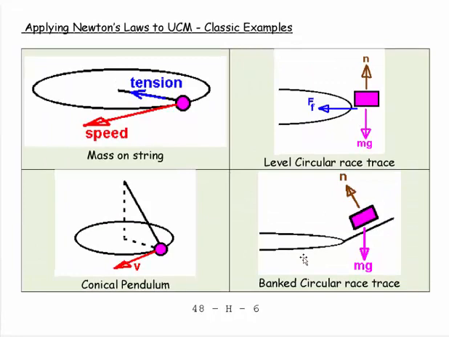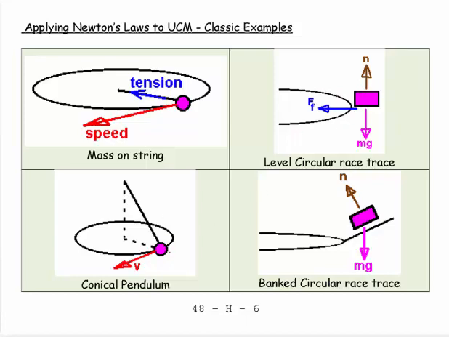There's 4 classic examples. There's a mass on a string going round a horizontal circle. Maybe it's on a smooth frictionless table. There's a car going round a circular level track.